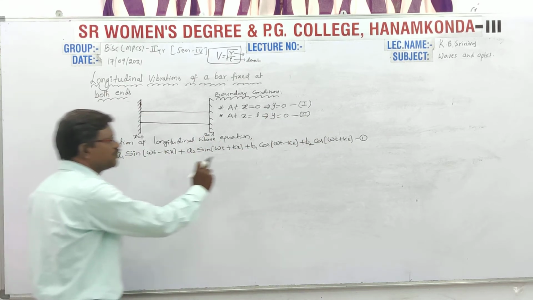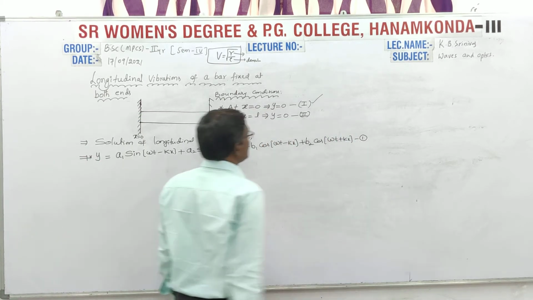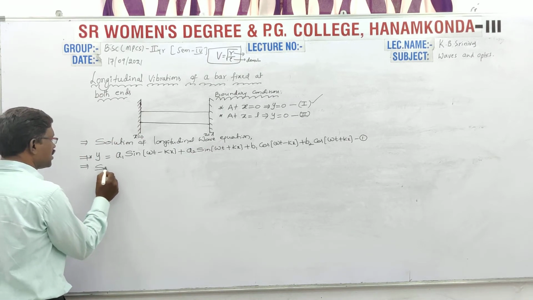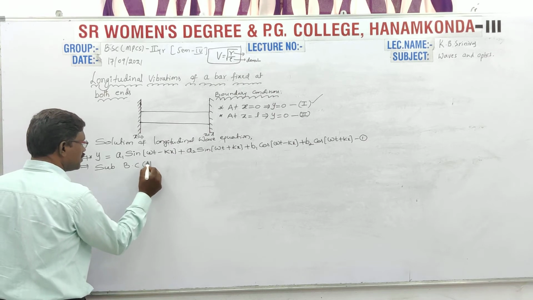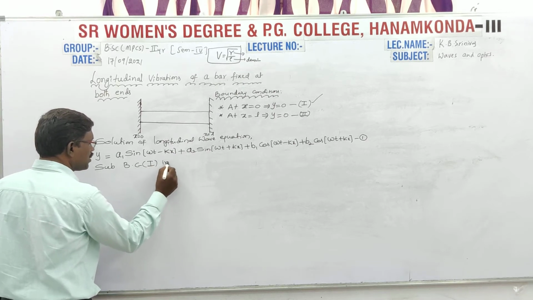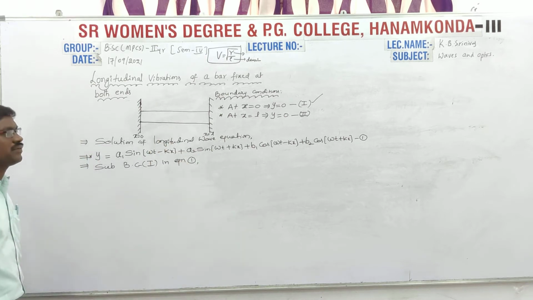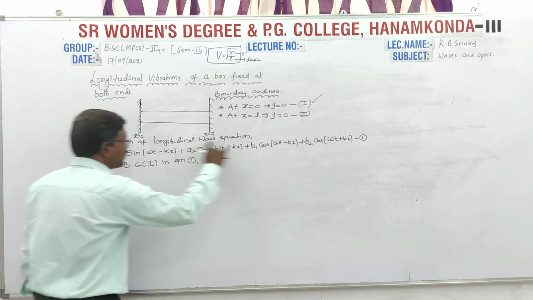Let this be equation number 1. Simply I am using boundary condition 1. Substitute boundary condition 1 in equation 1. So this is our equation.